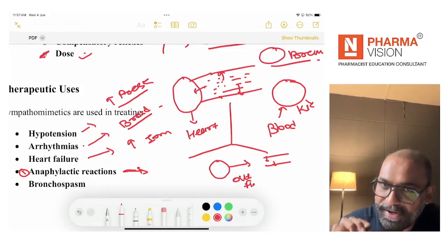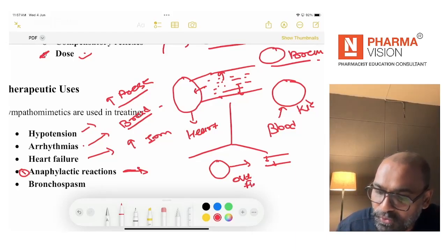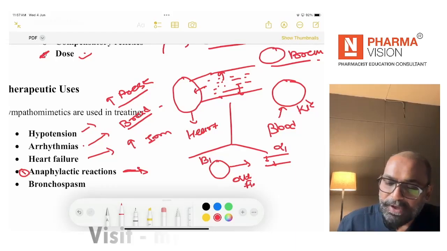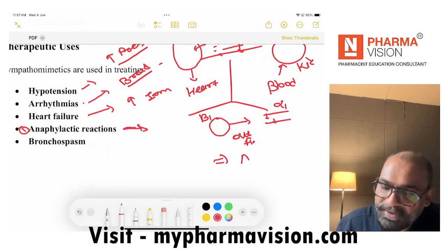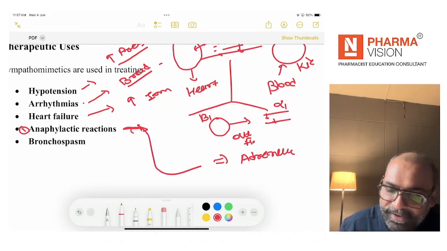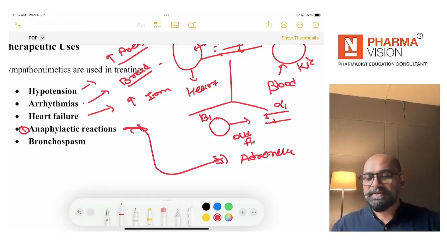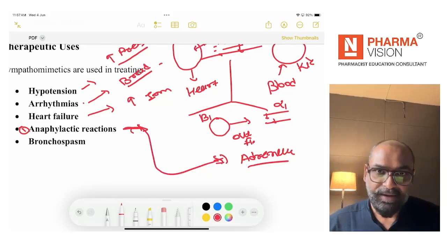That means a medication which has the potential to act on alpha 1 and beta 1 receptors. This unique kind of action we can expect with adrenaline, and that's why the anaphylactic reaction is managed with the help of adrenaline.